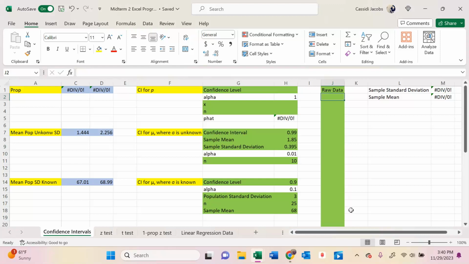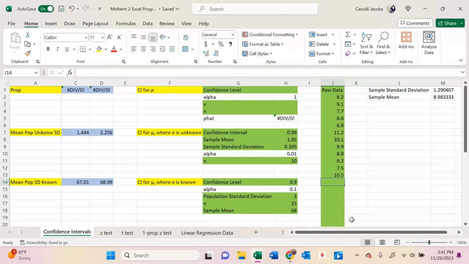The raw data that's given was 8.2, 9.1, 7.7, 8.6, 6.9, 11.2, 10.1, 9.9, 8.9, 9.2, 7.5, and 10.5.